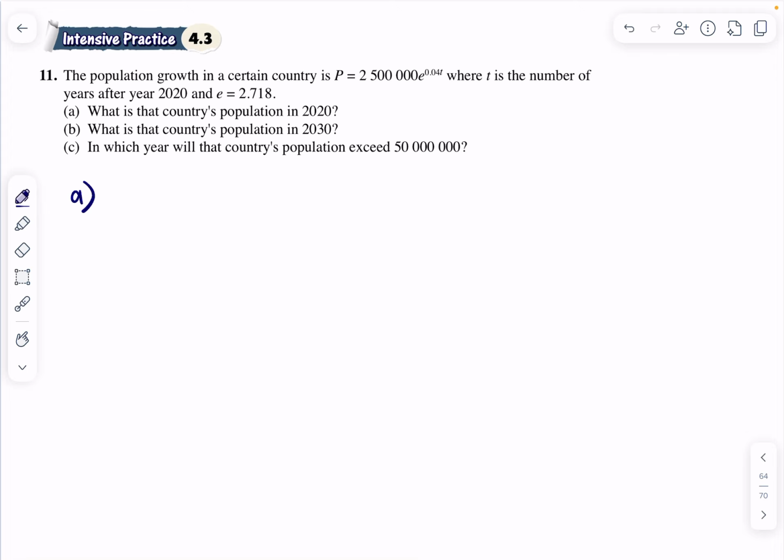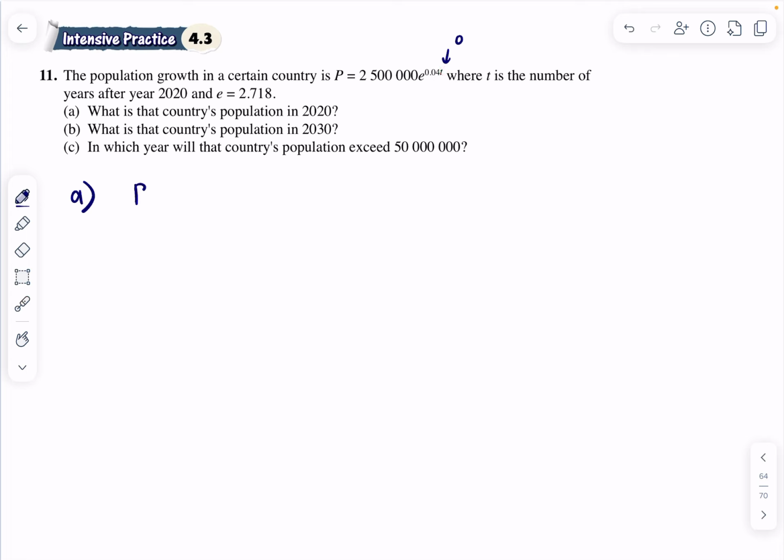So in 2020 means T will be 0 years because T is the number of years after 2020. So if you want to find the population in 2020, it has exceeded 0 years from 2020.